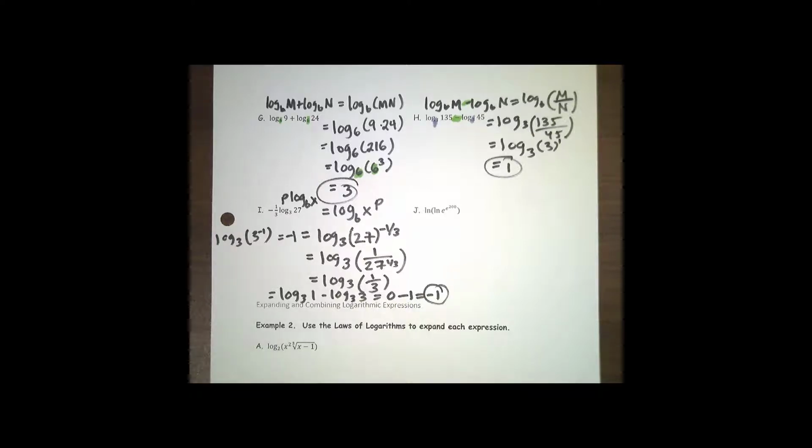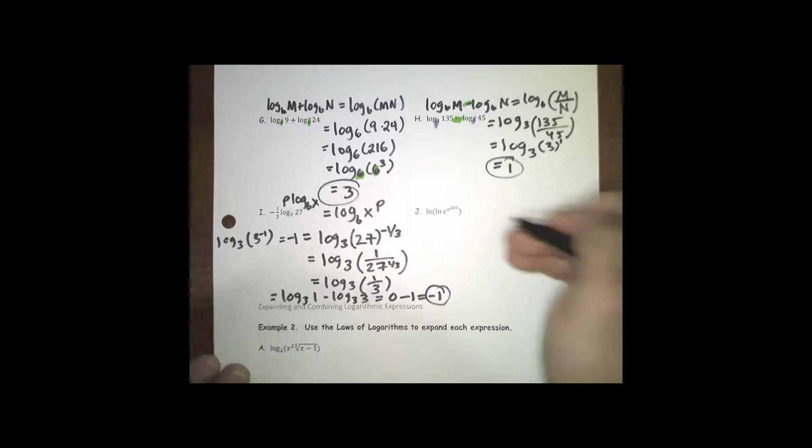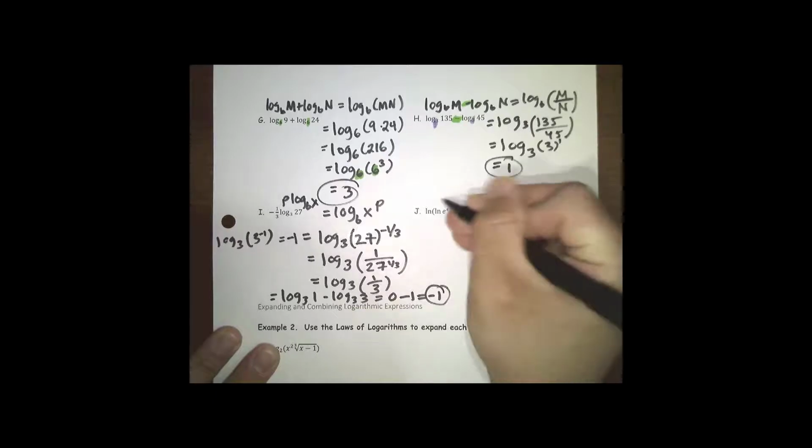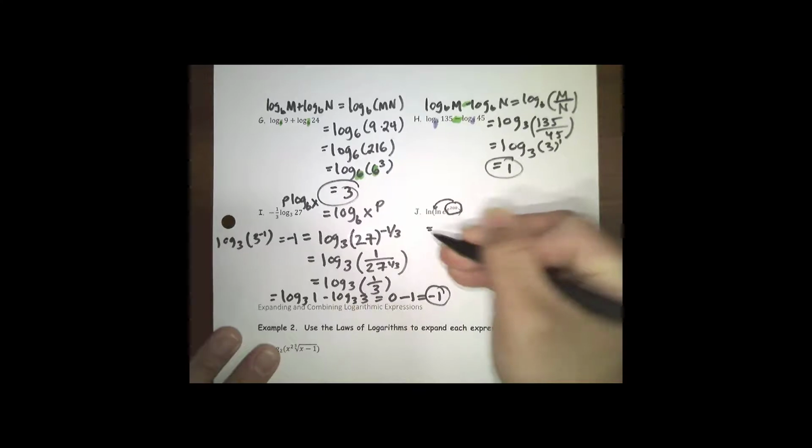Now, natural log of the natural log of e to the 200 power. I'm going to work from the inside out here. This is one of those cases where I will use the power rule, to bring this exponent in front of the inside log.